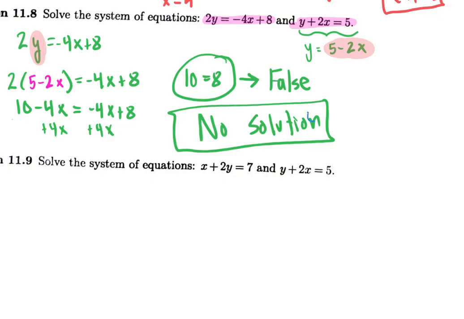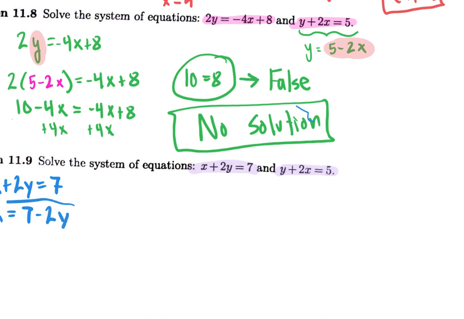Okay, this last question here, I can either solve that first equation for x or the second equation for y. It doesn't really matter. So I'm going to take this first one, x plus 2y equals 7, and I'm just going to subtract the 2y over. Like that.